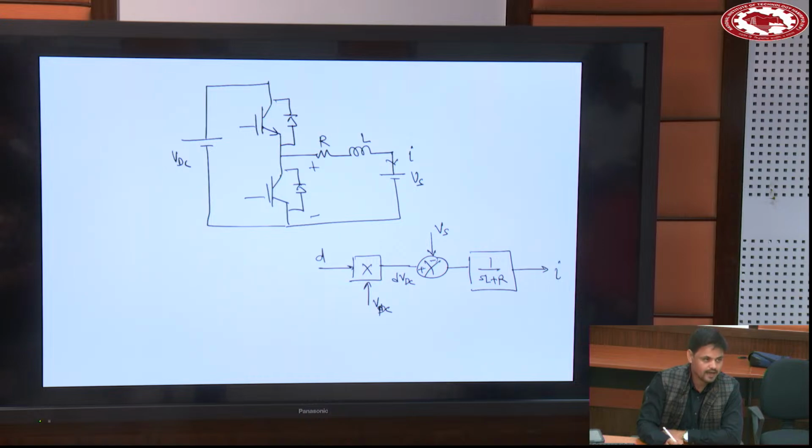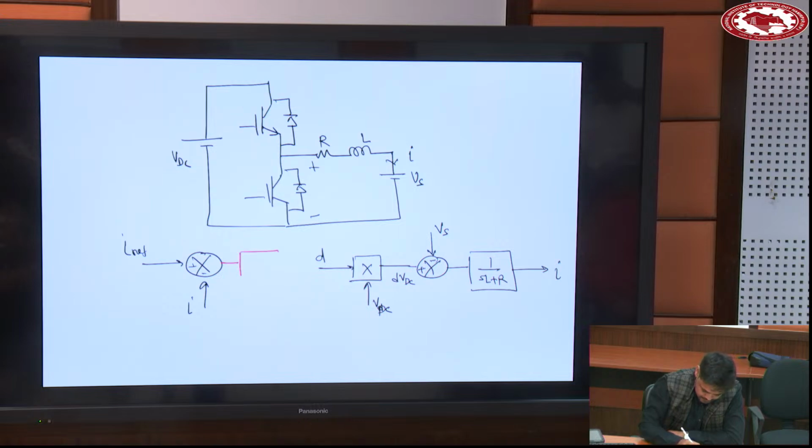Now you want to control I. So what will you do? I reference, then this actual I, you will put one compensator, and this will be giving the duty ratio.